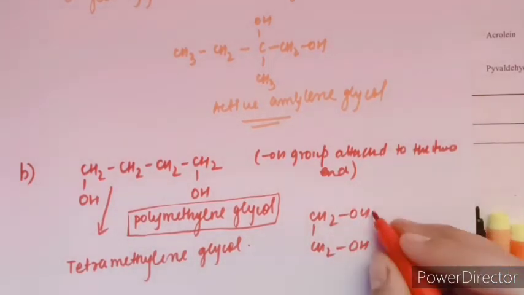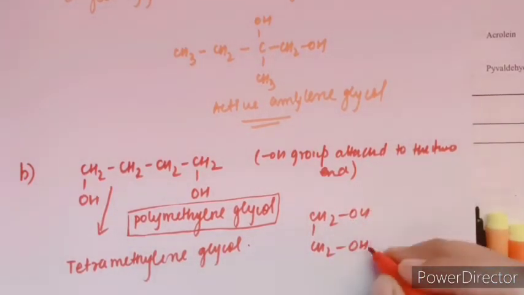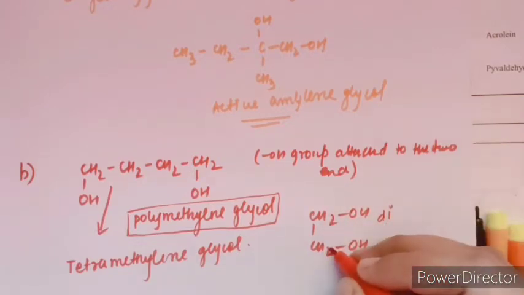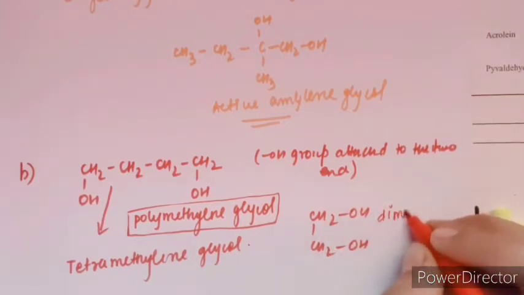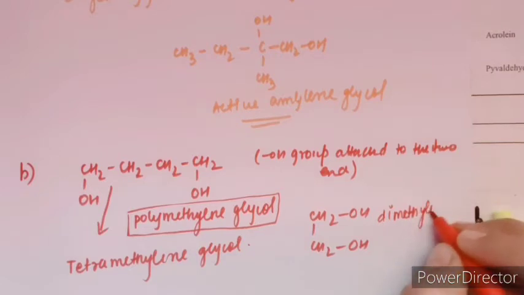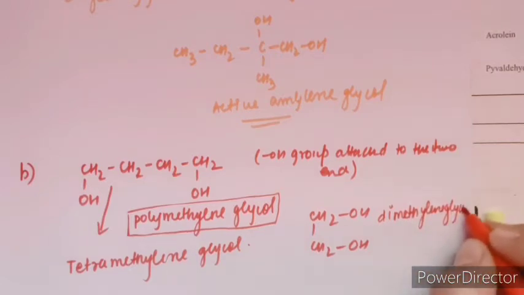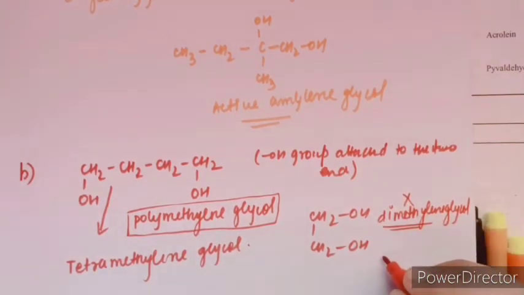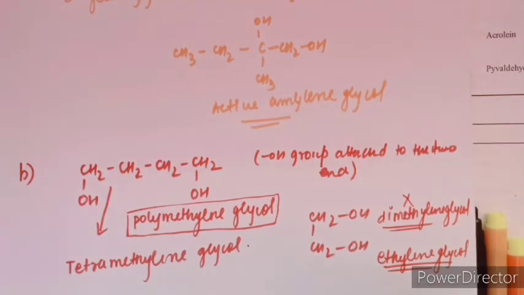Both the OH groups are attached to the ends, so the name would be dimethylene glycol, because two CH2 groups are attached. But this one is the wrong naming. The correct name should be ethylene glycol. So the correct name is ethylene glycol.